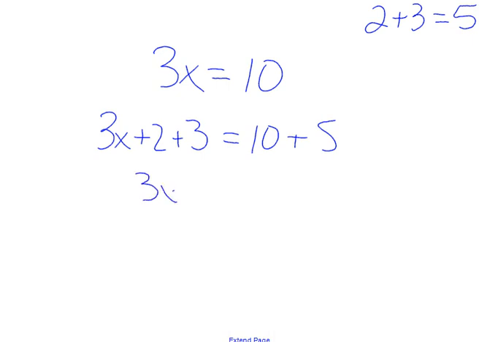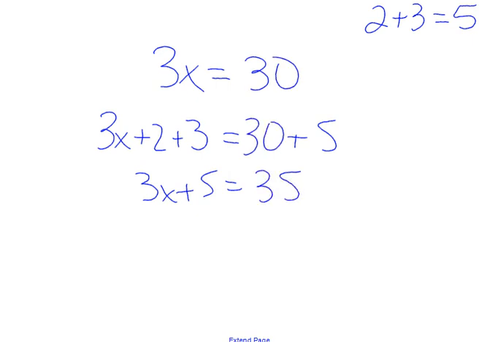Well, we get 3x plus 5 equals, oh, that was equal to 30 before. Sorry. So this was 30. We're using the same equation as before. 30, so we get 35. Is x still 10 like we said on the previous page? Yeah, because 3 times 10 is 30 plus 5 is 35. So it's okay to add them even if they look different as long as their value is the same.